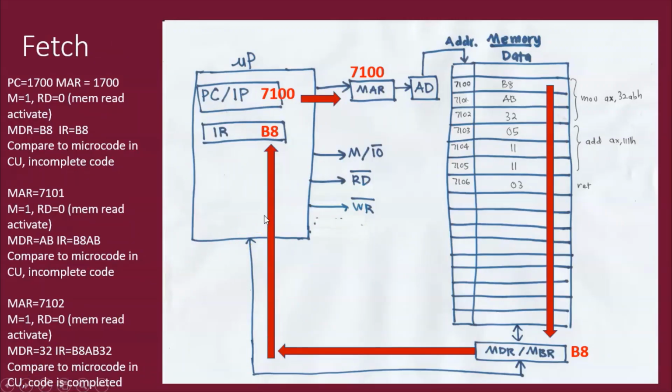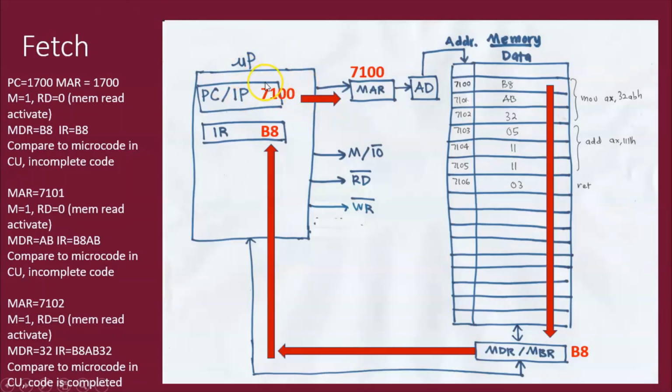Okay, first the micro-P should fetch the first instruction. So what it does, first PC or IP in 8086, it will point to the first instruction. So where is our first instruction? Our first instruction is at 7100. So before we execute, the PC already points to the address to be fetched.